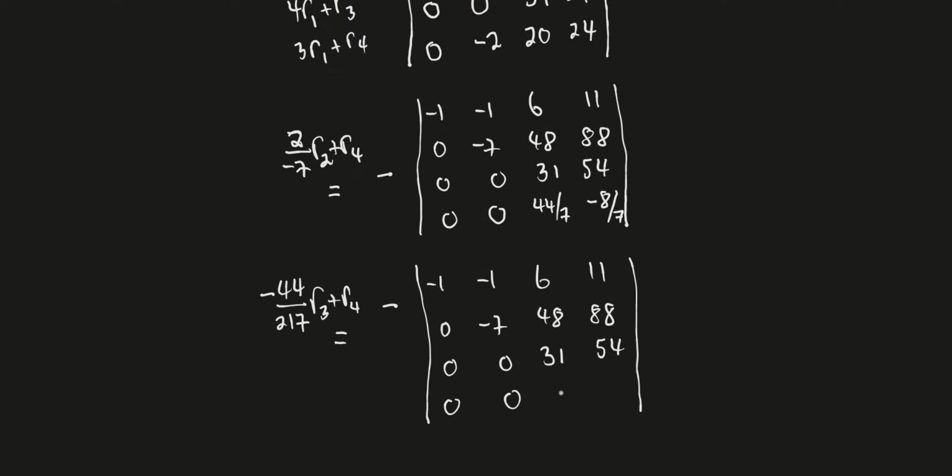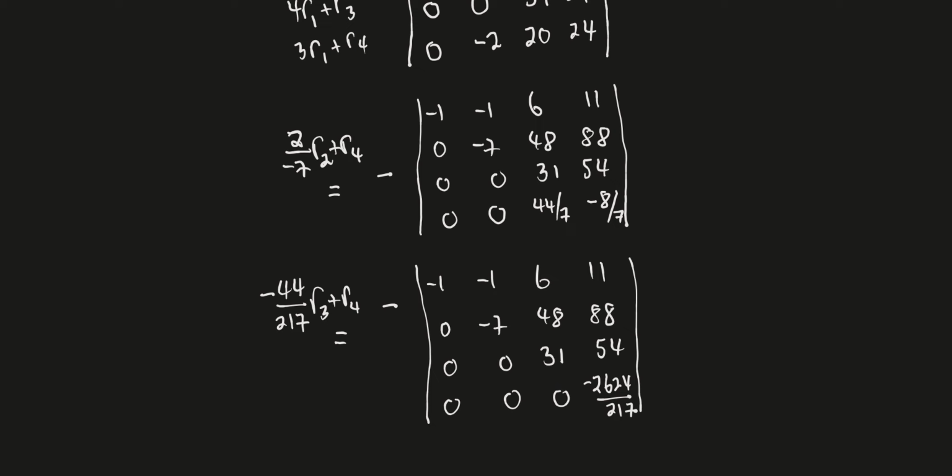Then I know I'm going to have a 0 here. And then this entry, again, not a nice entry at all, but it's what it is. It's negative 2,624 over that 217, right?